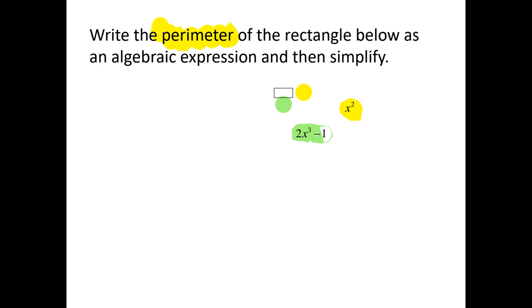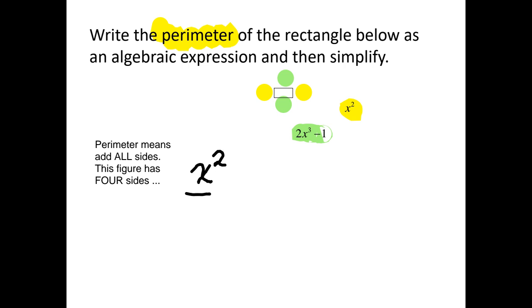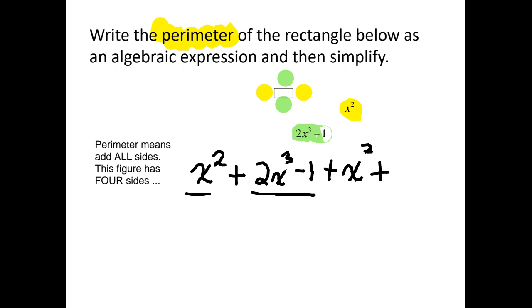So that means I have to know that over here is x squared, and up here is 2x cubed minus 1, which means I have x squared plus 2x cubed minus 1 plus x squared plus 2x cubed minus 1.